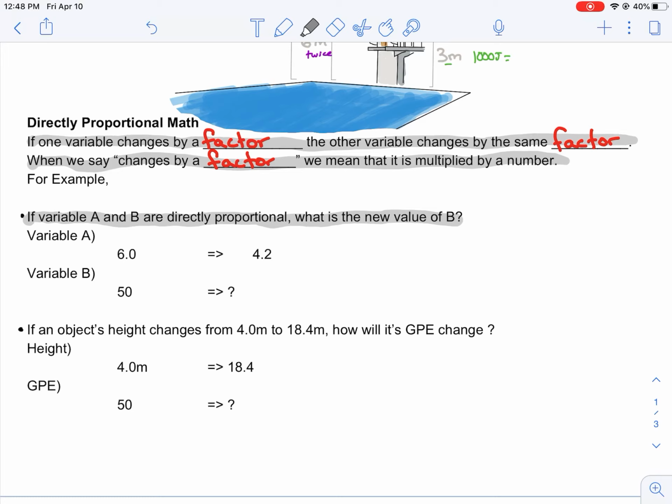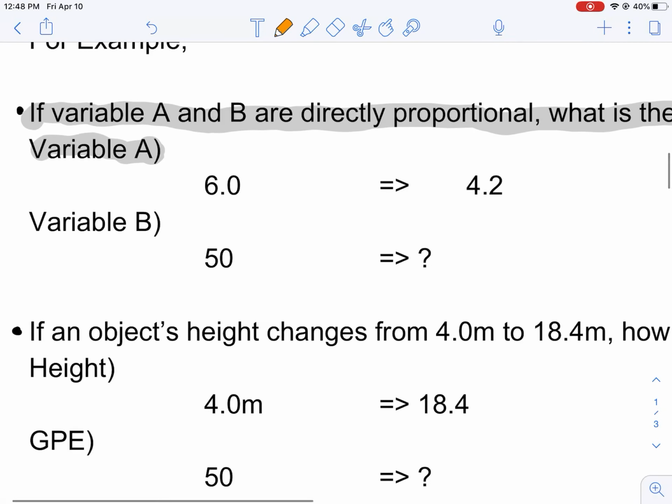So we have a little bit of a math problem here. So what factor did variable a change by? So it looks like variable a started at 6 and ended at 4.2. So what's the factor? And factor means it's multiplied by a number.